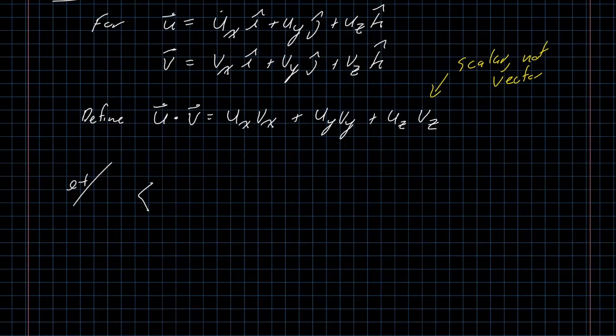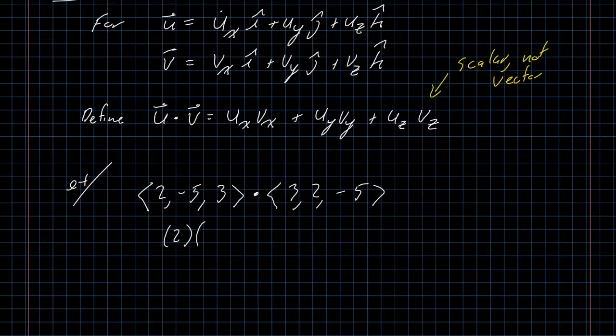So for example, if I have the vector, and I'm writing this one in component form instead of in unit vector form, just to remind you that that's still a thing we can do, I have the vector 2, negative 5, 3, and I have the vector 3, 2, negative 5, and I want to dot these together. I multiply the x components. No, I don't have to write this line out.